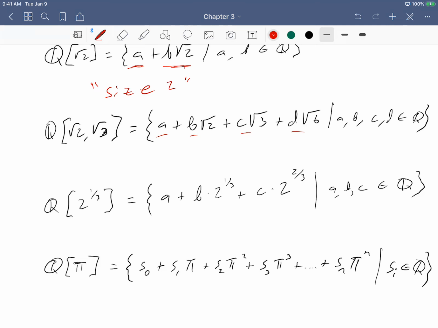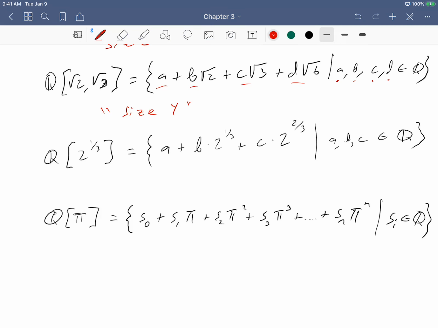Or if you want to look at it over here, in order to define one element here, I needed 4 rational numbers, so I might want to call this size 4. Q adjoin 2 to the 1/3, we might think of as size 3 because I needed 3 terms.